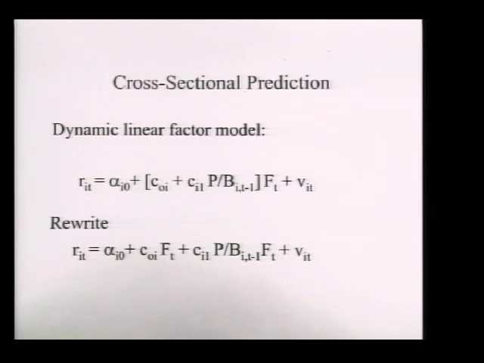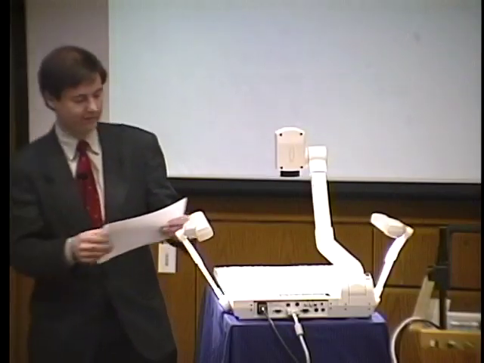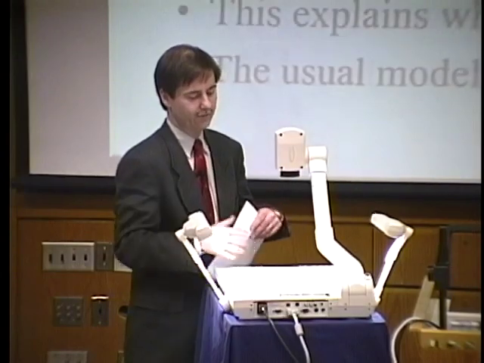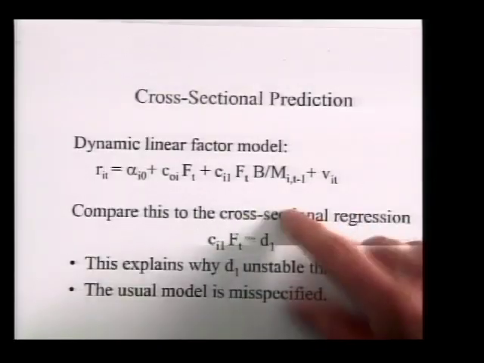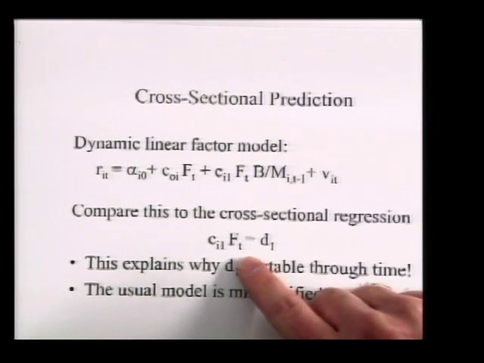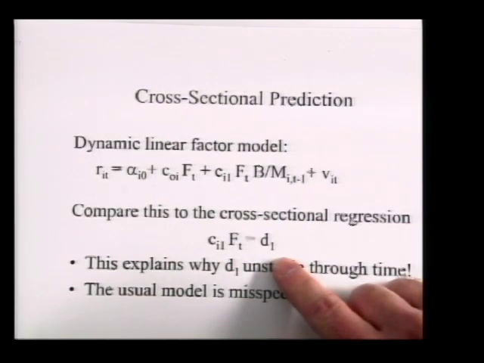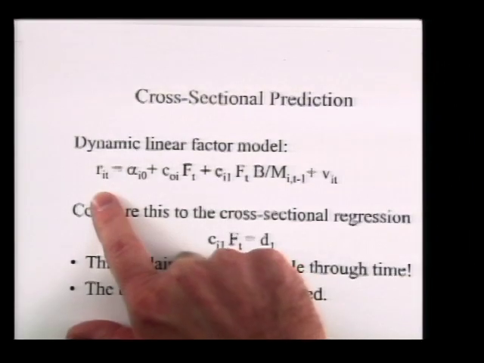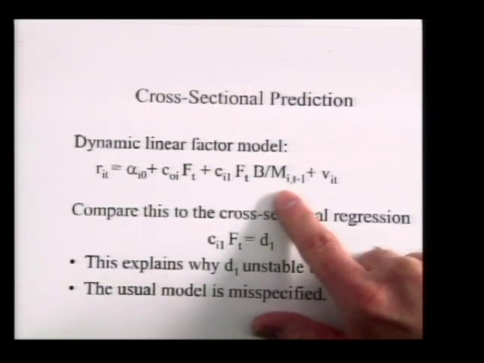The key insight here that I mentioned last time is that if we compare this to our original regression, the C1 FT looks a lot like the D1. Remember that we're regressing returns cross-sectionally on the lagged book-to-market ratio.